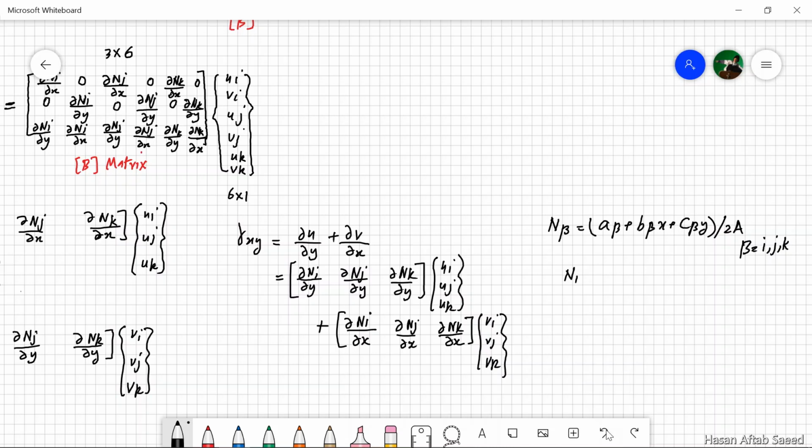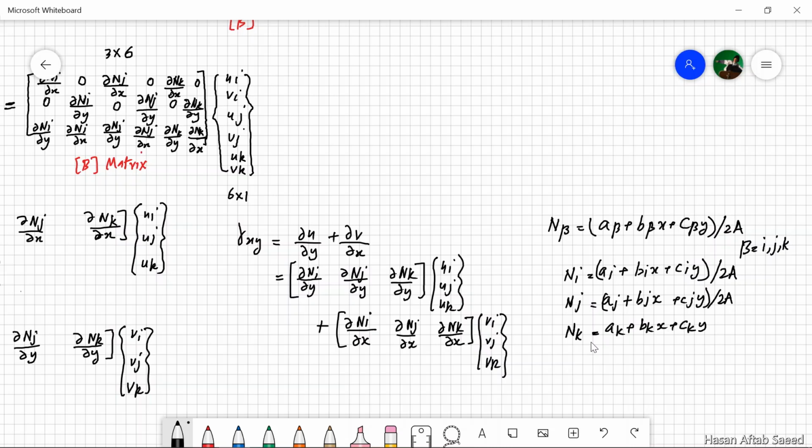So this means that ni is equal to ai plus bix plus ciy over 2a, and nj is equal to aj plus bjx plus cjy over 2a, and nk is equal to ak plus bkx plus cky over 2a.